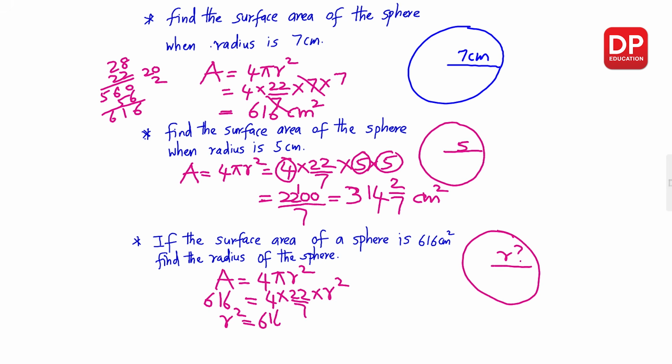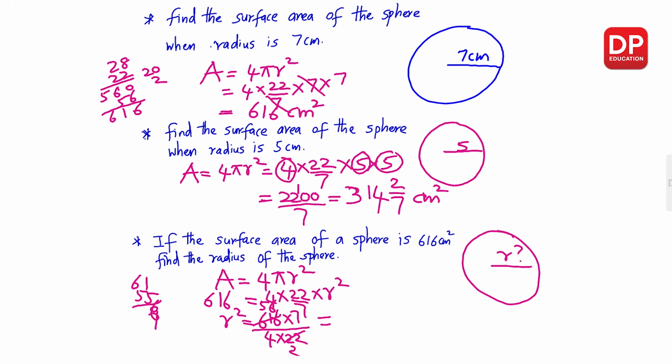That means you have to multiply by 7 and divide by 4 and 22. Try to simplify. 11 times 2, 11 times 5, 55. Then you get 61 minus 55, you get 6.